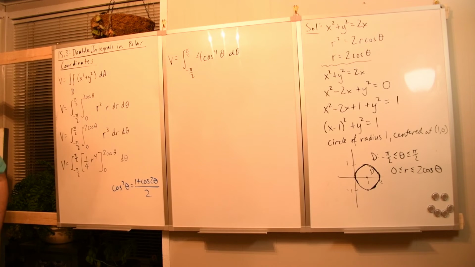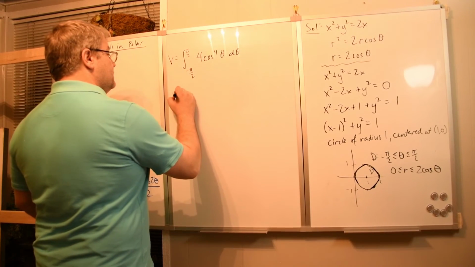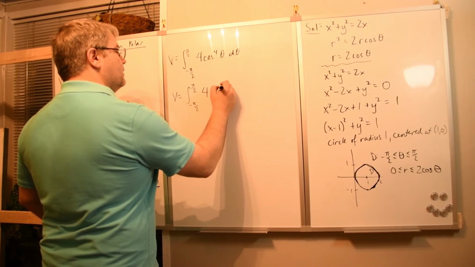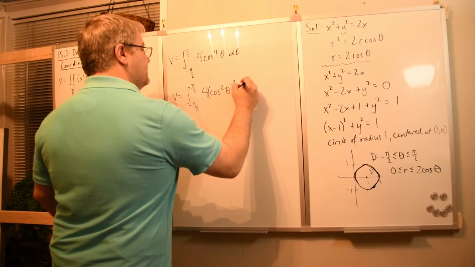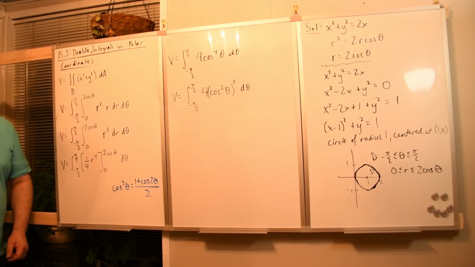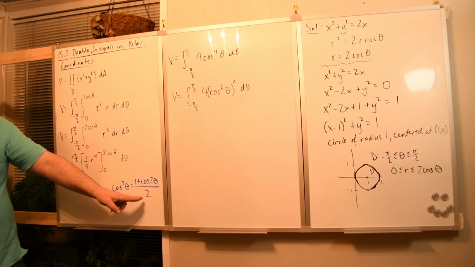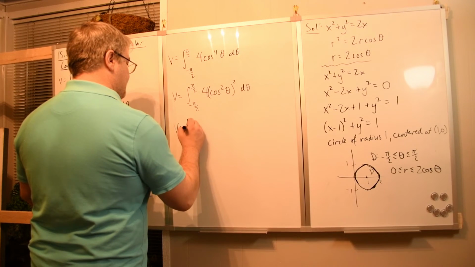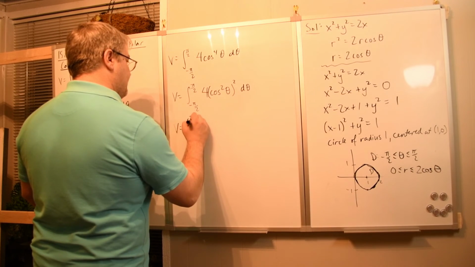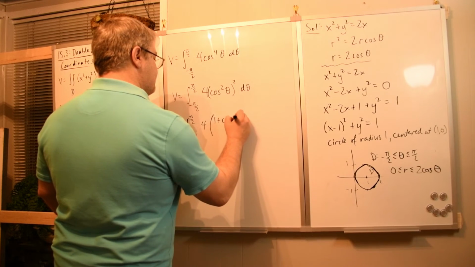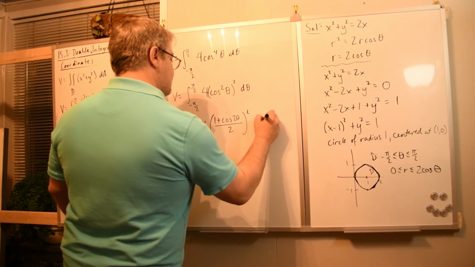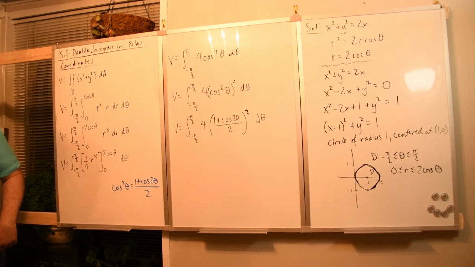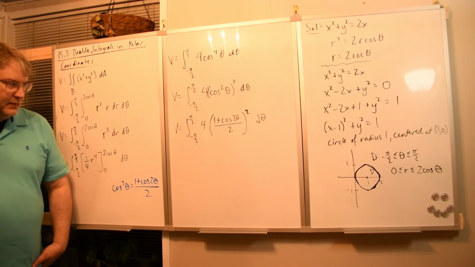So what we're going to do here is replace, once again, cosine 4 theta, same thing as cosine squared theta squared, and then we can plug in the 1 plus cosine 2 theta over 2 for the cosine squared theta here. All right, so let's keep in mind what that really means.